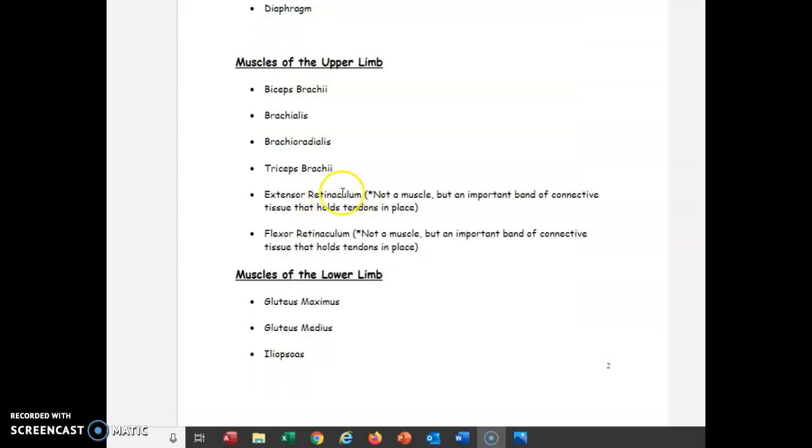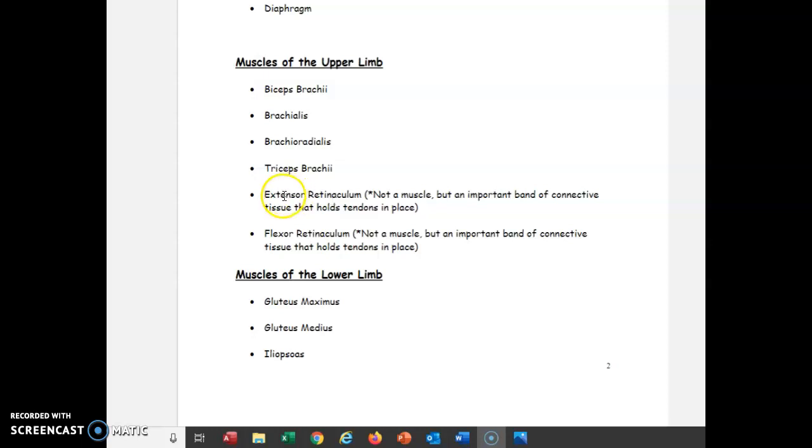Okay, we have two things here that both have the term retinaculum in them. And again, as it says, it's not a muscle, but it's connective tissue that holds tendons in place. Now, muscle attaches to the bone by tendons, so there are certain areas where we have to hold that in place. So the retinaculum is connective tissue that does that.